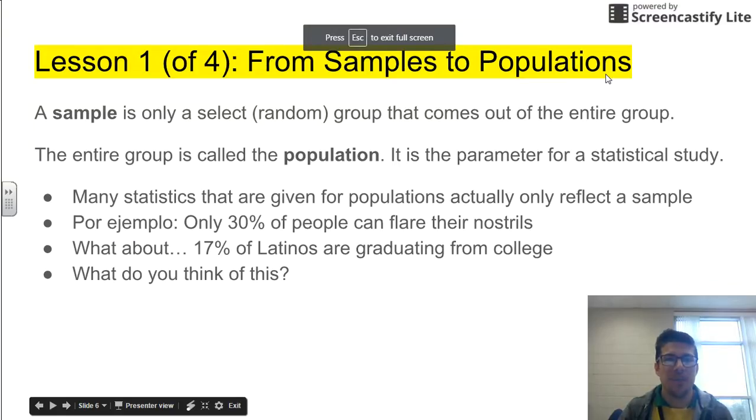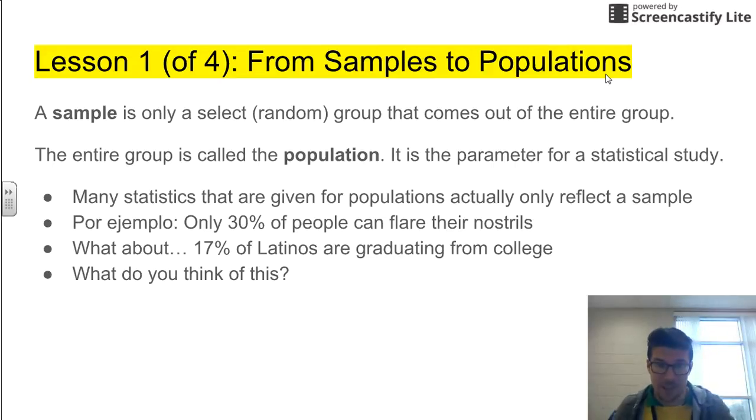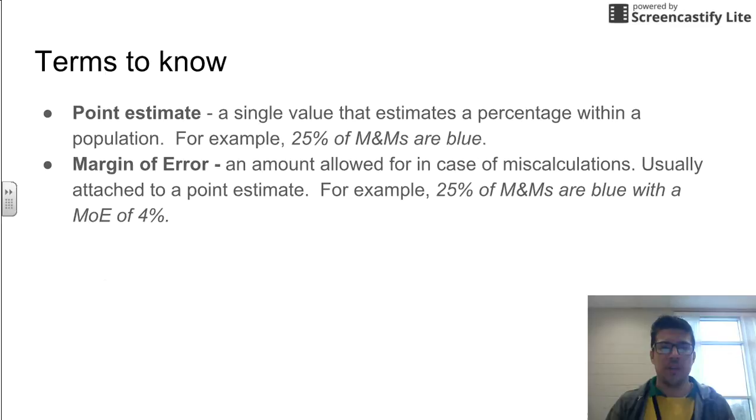A sample, like I have here in your notes, is a select group. It needs to be, remember, large and random, that comes out of an entire group. This entire group is called your population. To remind you what we did, we talked about M&Ms, where research says 25% of M&Ms are blue.